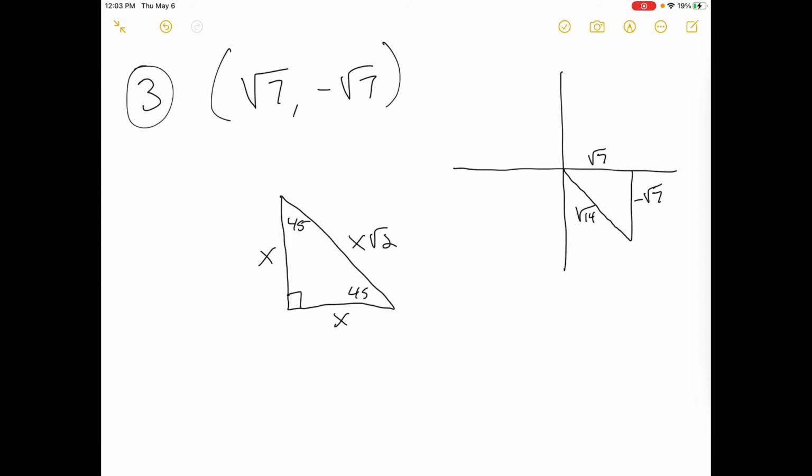So that would be your radius, root 14. And since it's right in the middle, we know it's one of those pi over 4s. That's 7 pi over 4. Or you could say root 14, and the degree is 315.